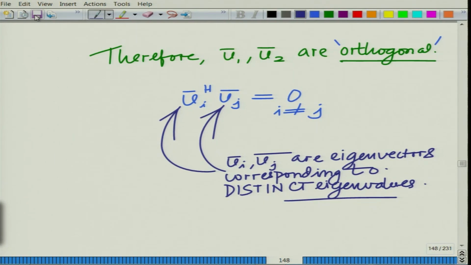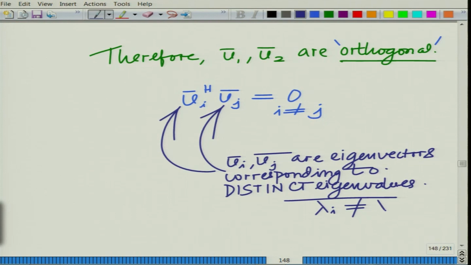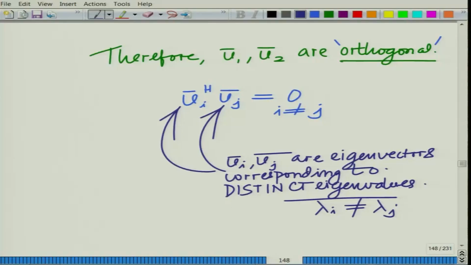That is, you have the eigenvalue lambda i, other eigenvalue lambda j corresponding to uj, lambda i not equal to lambda j, right. And the corresponding eigenvectors ui bar and uj bar will be orthogonal, that is ui bar Hermitian uj bar equal to 0. Eigenvectors of a positive semi definite matrix corresponding to distinct eigenvalues are orthogonal, alright.